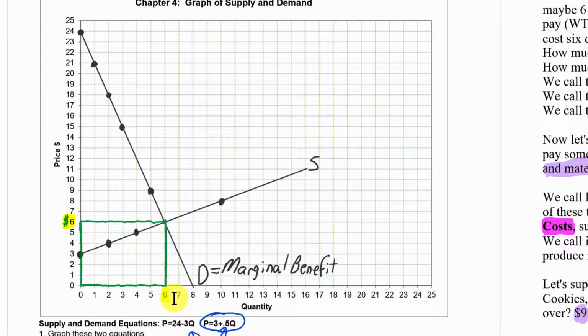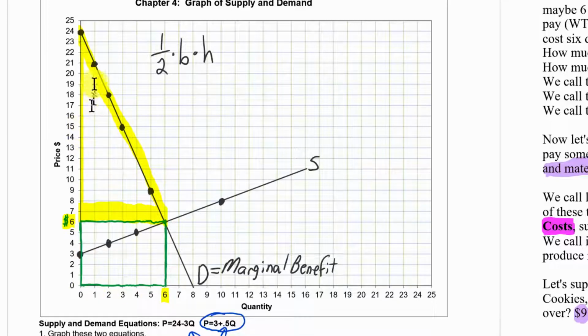So in order to do this, what we can do is divide this shape up into 2 different shapes. We can divide it into a triangle up top here. And what's the formula for the area of a triangle? Well, the formula for the area of a triangle is 1/2 times the base times the height.